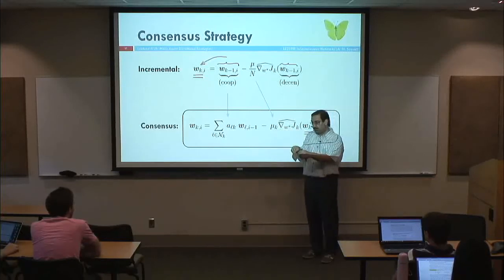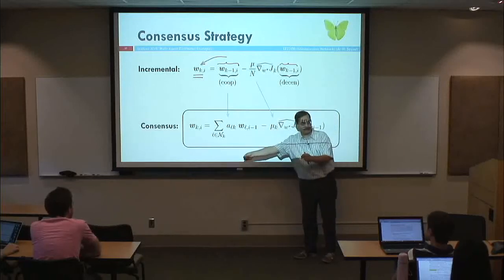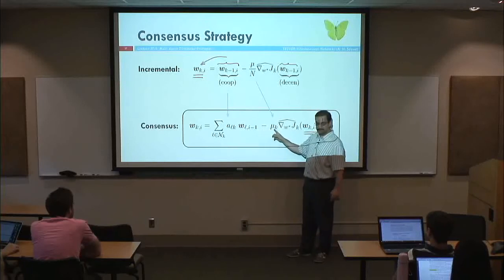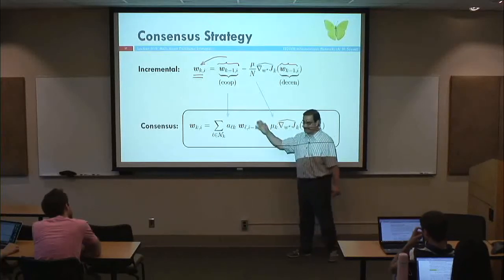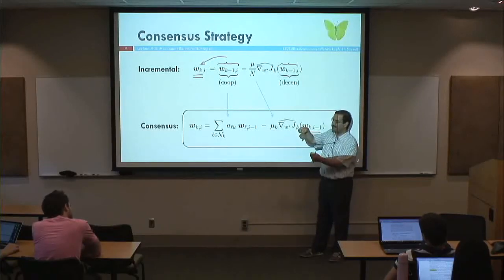Now, I'm not going to be proving this statement now. You'll understand this statement later. Later, I'm going to show you that a consensus strategy like this with mu, or a diffusion strategy similar with mu, both of them will have the same convergence rate as a centralized strategy with mu over n. Okay?